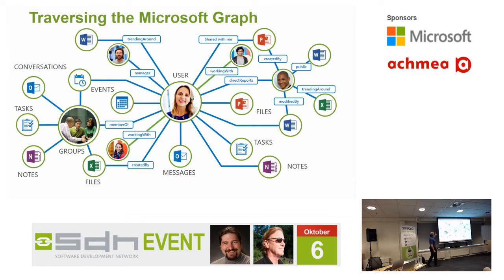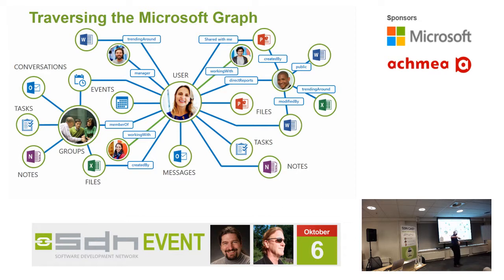This looks like a marketing slide, and yet it's much more than that, because it shows you how you can use this graph to get around from one point to another. You can start with the user, and then you can pivot and find yourself at, say, somebody that they work with, and that's a starting point, and you can pivot around there.